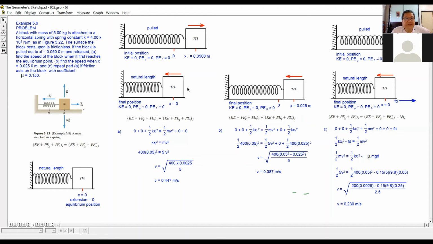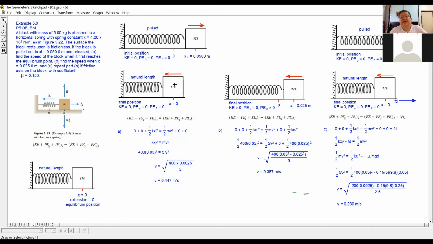At this final position, the kinetic energy is definitely not 0. The gravitational potential energy is 0 because it is at the same horizontal level. The spring potential energy is also 0. Why? Because at this position, the spring is at its natural length.